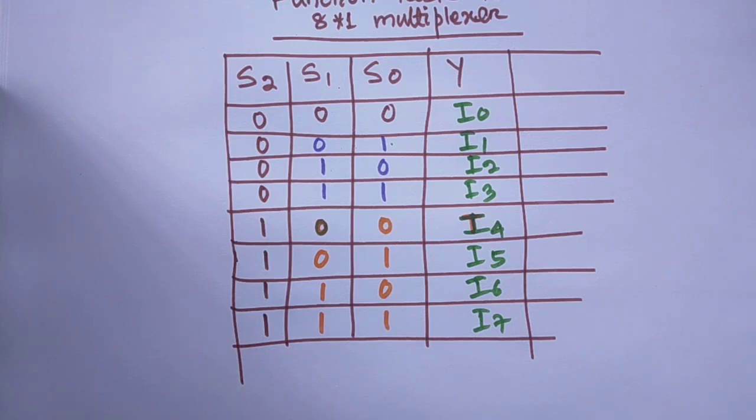Then the question may arise: design a higher order multiplexer using lower order multiplexers. A particular example may be considered.